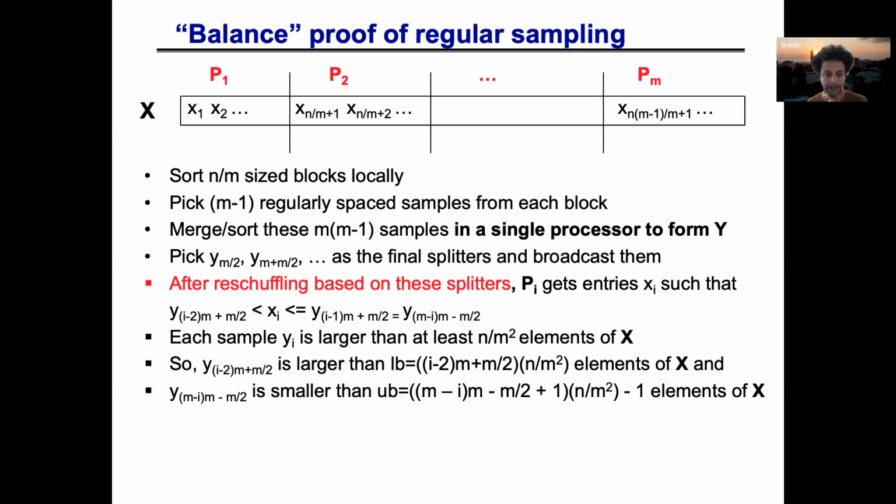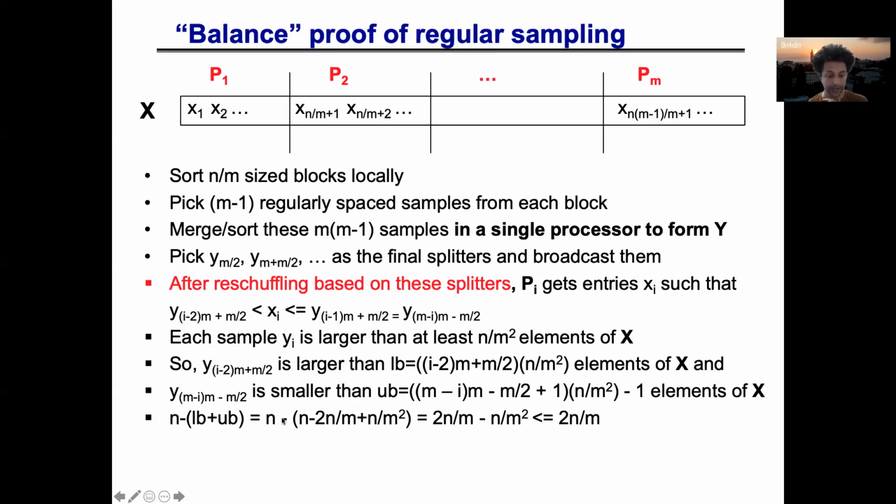So what does it mean? Every element assigned to processor i is larger than this many elements and smaller than this many elements. So how many elements could have fallen into processor i is just the total set n minus the number of elements we're larger than and the number we're smaller than.